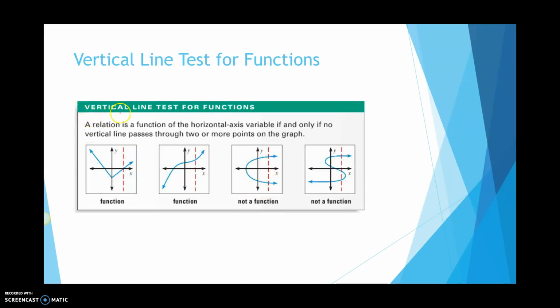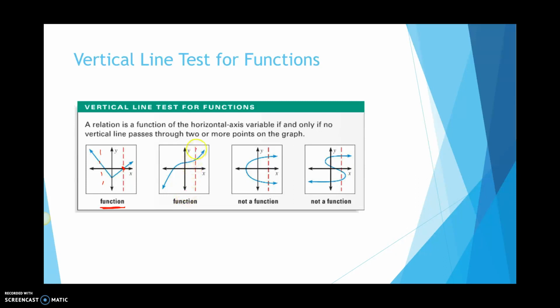And with what we call the vertical line test of a function, a relation is a function of the horizontal axis variable if and only if no vertical line passes through 2 or more points on the graph. So what that means is if you put a vertical line going through the graph, if it only touches the graph at one location, this means it is a function.